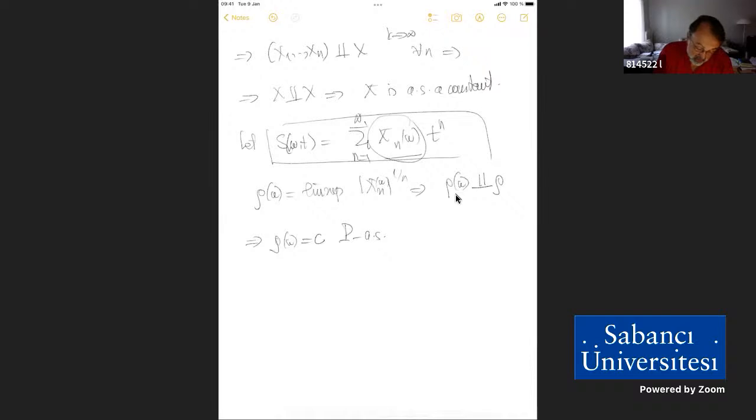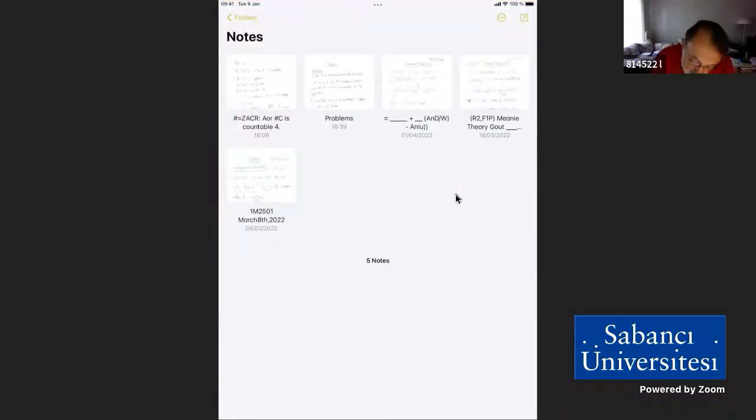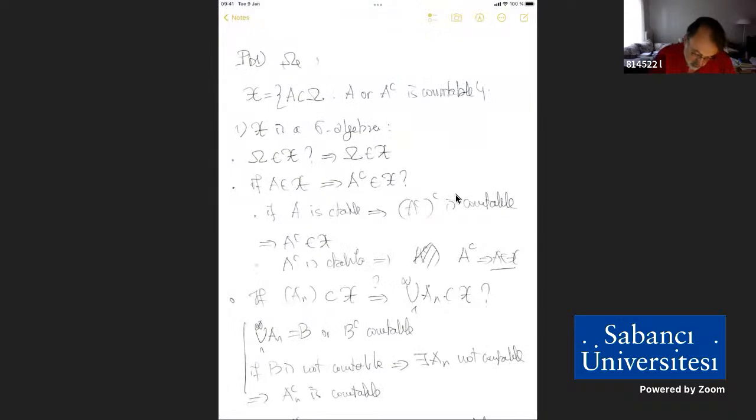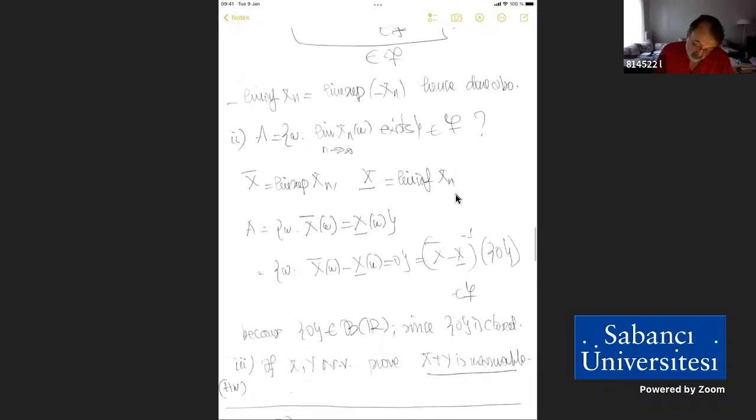Hence, the probability of the set of omega such that S(omega, t) converges is equal to the probability that t is less than the radius of convergence. Sorry, everything has closed down, I have refound them.